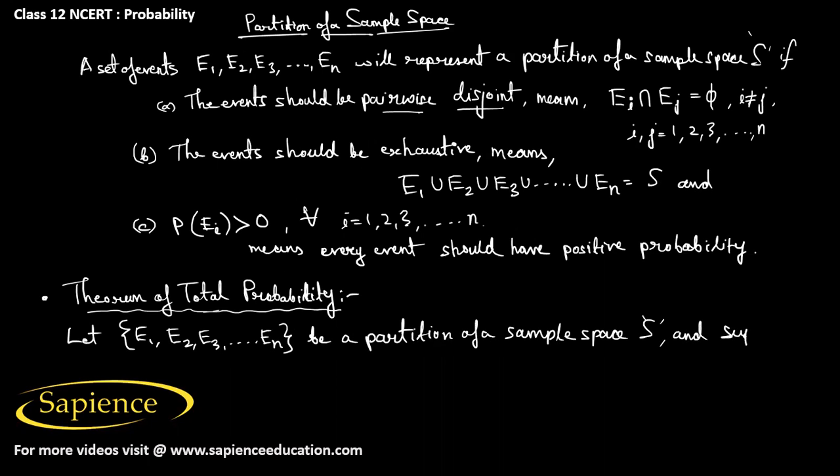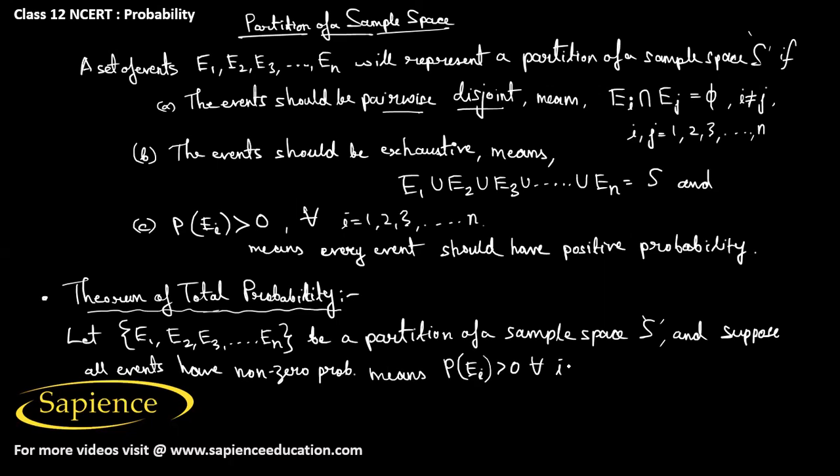And suppose all events have non-zero probabilities. It means P of Ei should be greater than 0 for all values of i equals 1, 2, 3 till n.